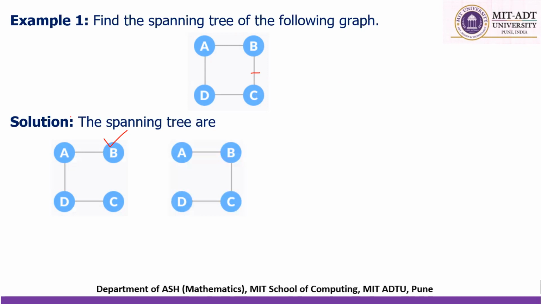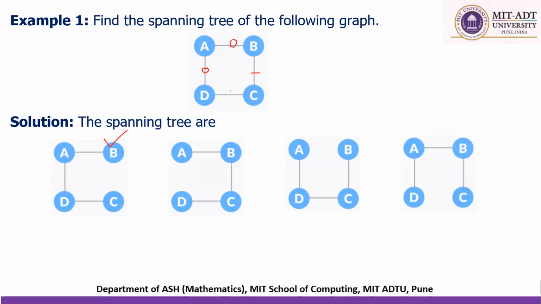If we remove this edge, we get another spanning tree. If we remove this edge, we get a third spanning tree. If we remove this one, we get the fourth spanning tree. These spanning trees are free from loops or circuits. And if we remove any edge in these spanning trees, the spanning tree will be disconnected.